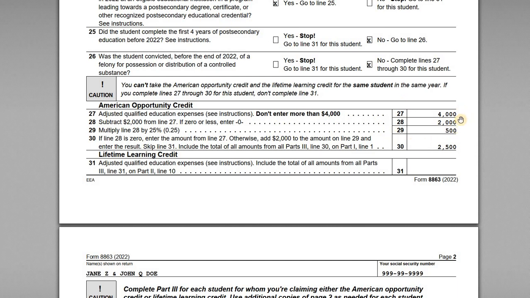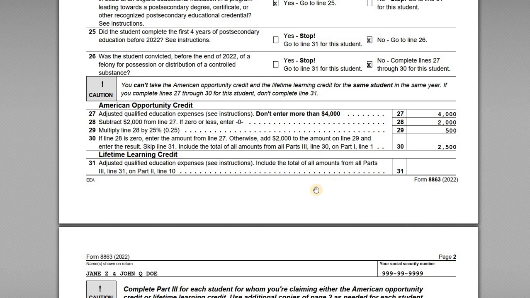So we start with 4, subtract $2,000 from line 27, right? It's asking if 0 or less, then enter 0. On line 29, multiply line 28 by 25%. So we've got our $500 number there. And then this is where we figure out, well, how much of the total credit is actually going to be allowed on the return. And so if line 28 is 0, enter the amount from 27.